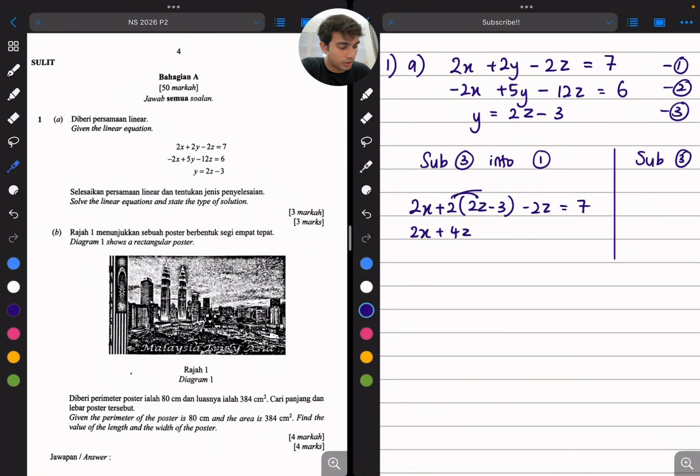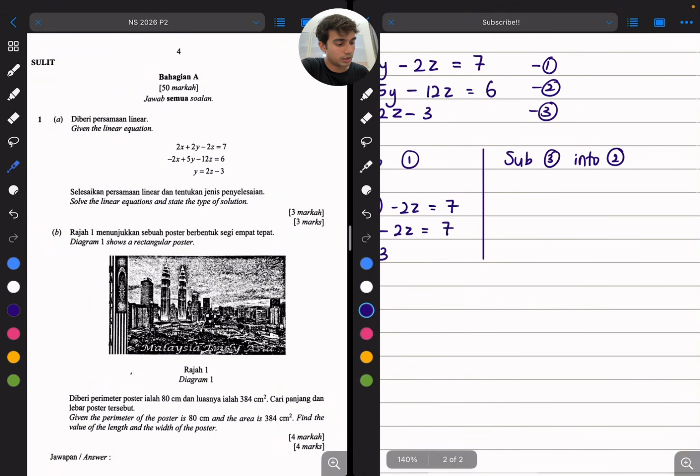This will give us 4z minus 6 minus 2z is 7. So 4z minus 2z we can simplify, 4 minus 2 is 2z. Then this negative 6 we can bring over that side. So 7 plus 6 is 13.